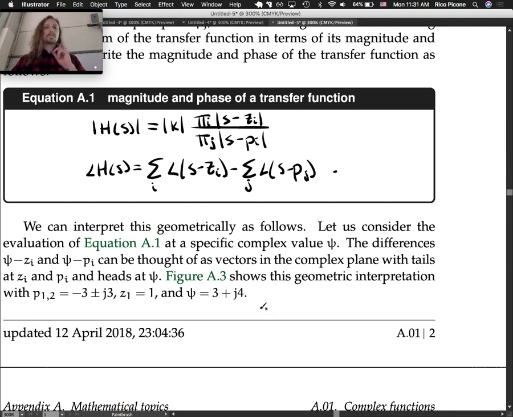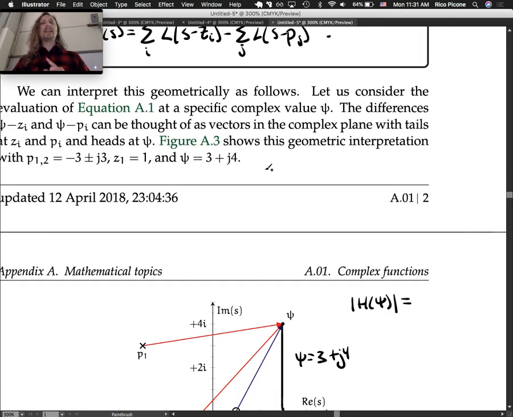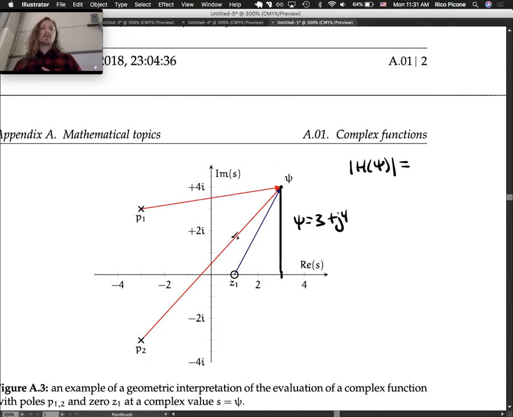So S minus Zi is this blue line, right? Psi minus Zi is the vector that goes from Z1 to psi. If we wanted to know the magnitude of that vector, how would we do it?